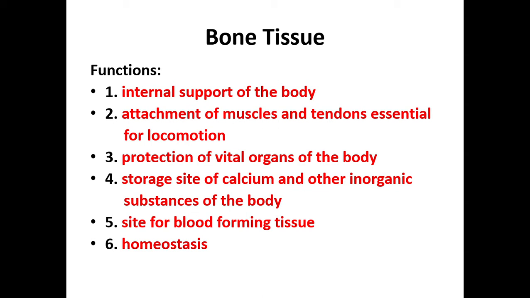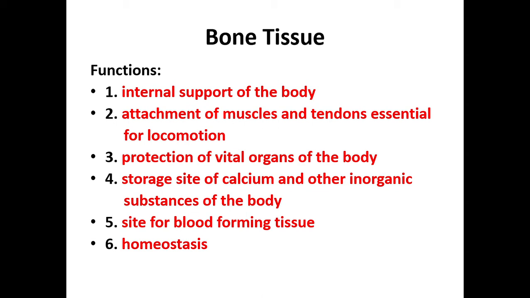And we know here that the muscles are involved in contraction, so they are the ones responsible for locomotion. But since most of the muscles are attached to bones, the bones and muscles and tendons are involved in body movement.